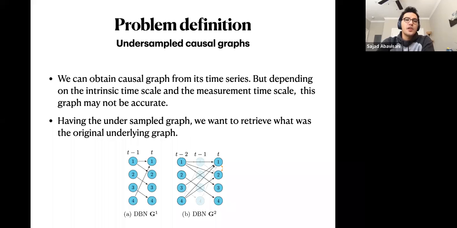For example, in the brain, if neurons interact with each other like 10 times each second, and we use an fMRI to scan and map that, it's only taking a measurement once every 2 seconds or so.